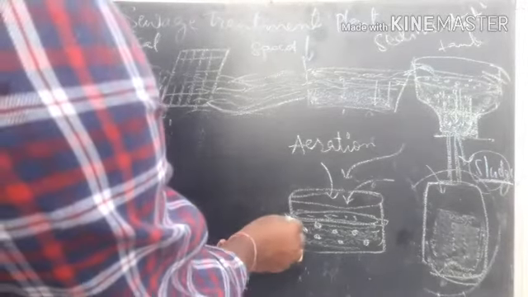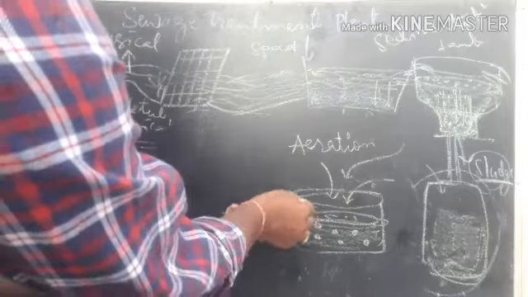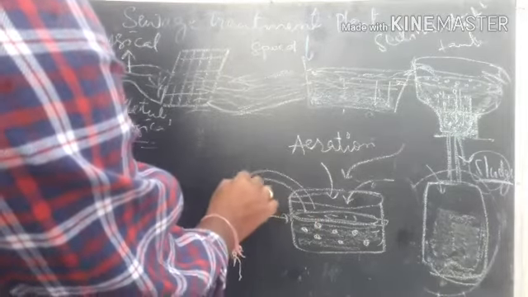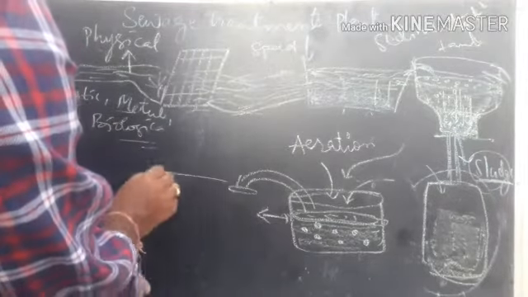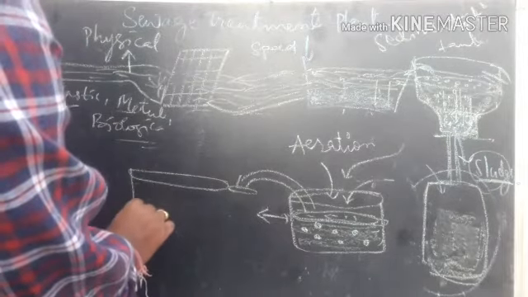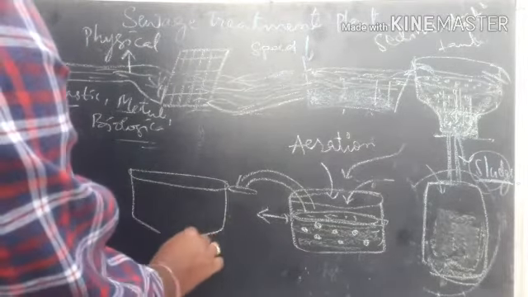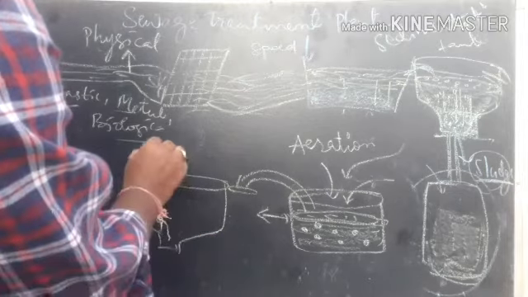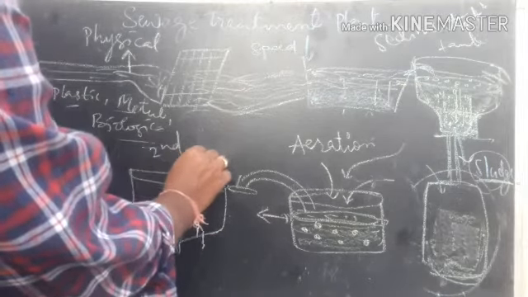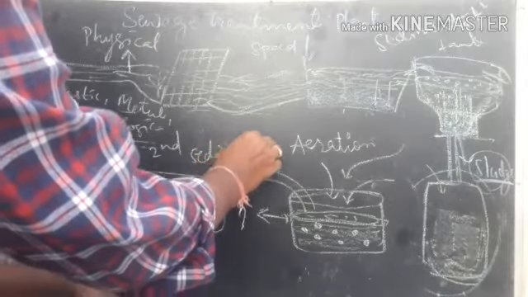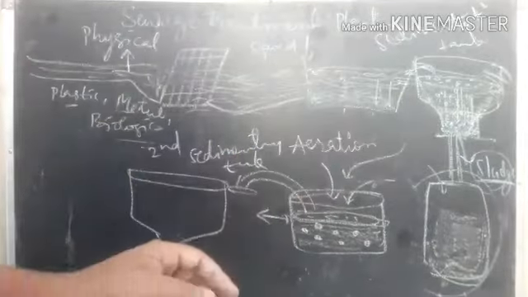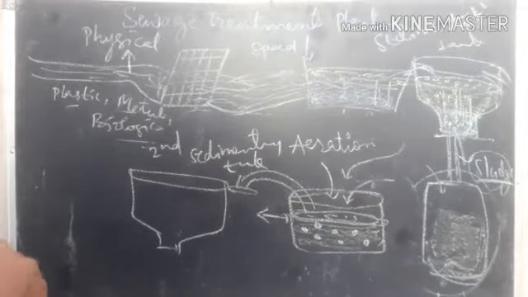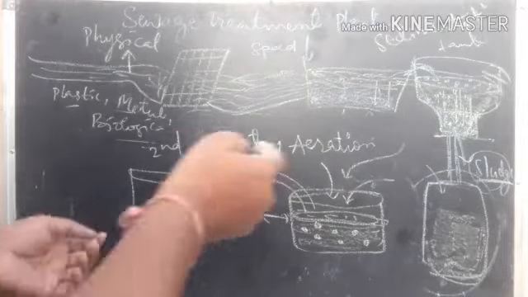Now the water is allowed to pass into another tank, which is called the second sedimentary tank. In the first sedimentary tank, we get sludge, which we call primary sludge.